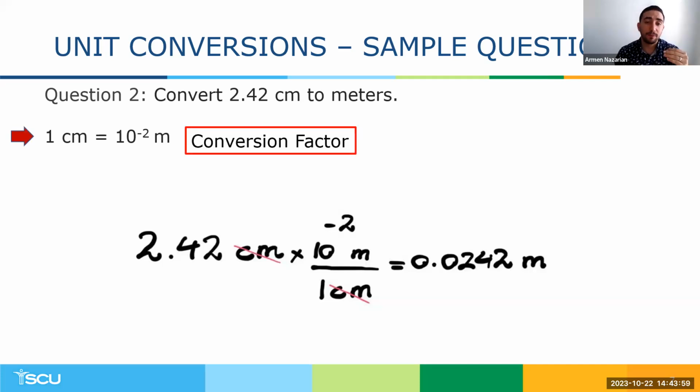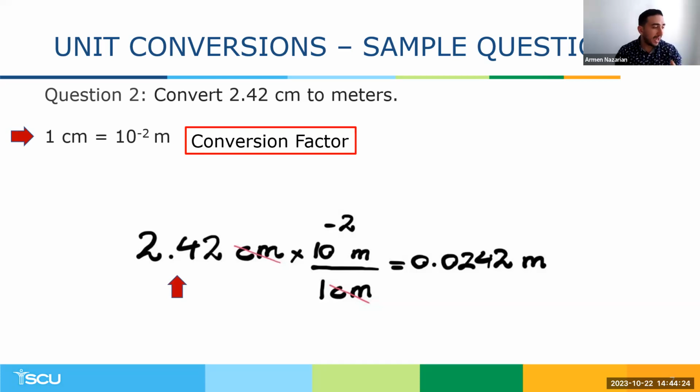Whenever you're converting, you are multiplying the convertee by a fraction. That fraction is the conversion factor that has been fashioned into a fraction with the desired unit portion on top and the undesired unit portion in the bottom. So we're multiplying the convertee, which is in this case 2.42 centimeters, by a fraction.